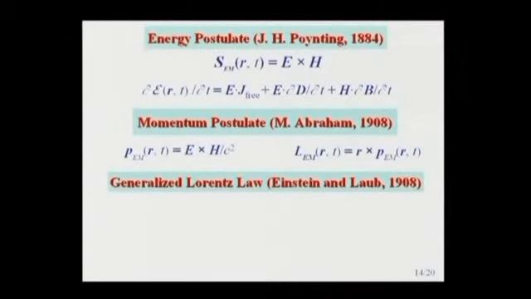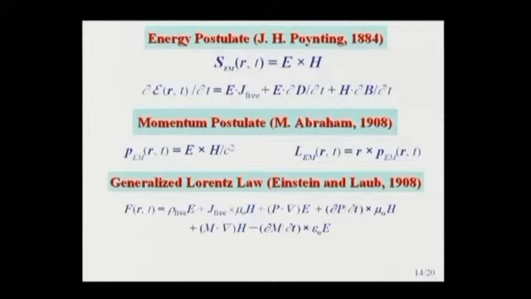So at first, we just noticed that, at least we know that something is wrong. Either Maxwell's equations are wrong or the Lorentz law is wrong. But we are fortunate because there's a paper by Albert Einstein and Jakob Laub in 1908. A lot of things happened in that year. Abraham and Minkowski both published their papers in that year too. But Einstein and Laub also published a paper, and they gave us a formula for the force of the electromagnetic field on material media.